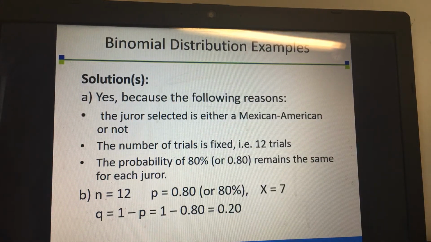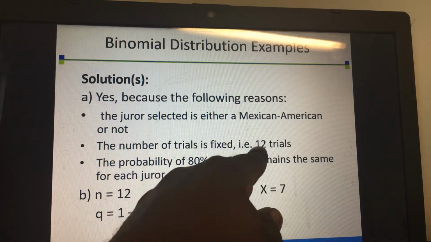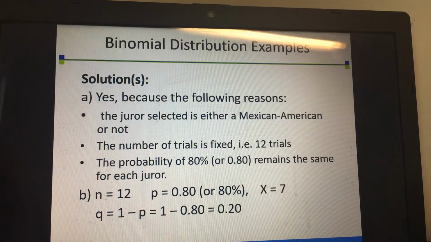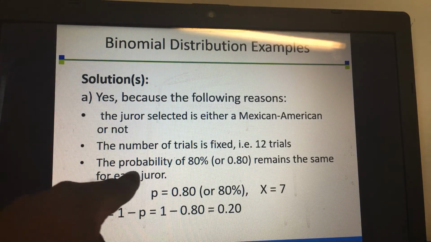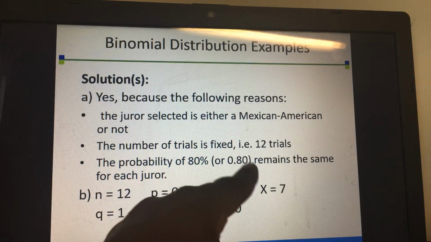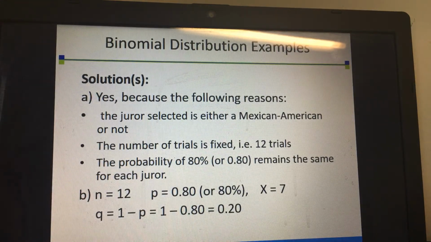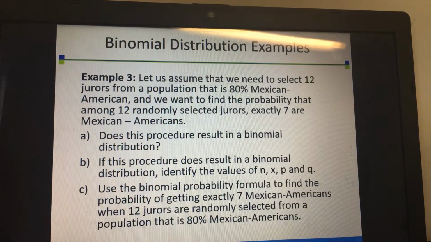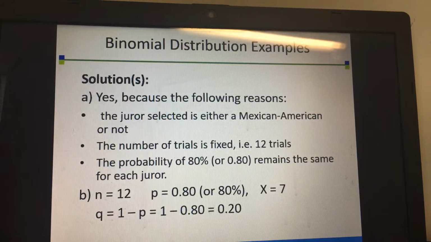Number one, the jurors are either Mexican Americans or they are not. Number two, the number of trials is fixed, 12 trials. That means 12 jurors will be selected. That's what we call a trial. Then the probability of 80%, which is 0.8, remains the same for each juror. So yes, the answer is that it is a binomial. Again, let me repeat.